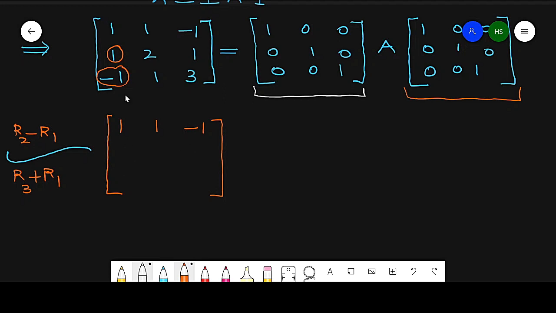When operating at this point, the difference is 0, again this is 0, and the difference is 2 minus 1, which is 1, and 1 minus 1. Adding here, this is a 2, and adding, it is again 2. So I get these values: 1 1 minus 1, 1 2 1 minus 1, and next 0 2 and 2. So these are the row operations.